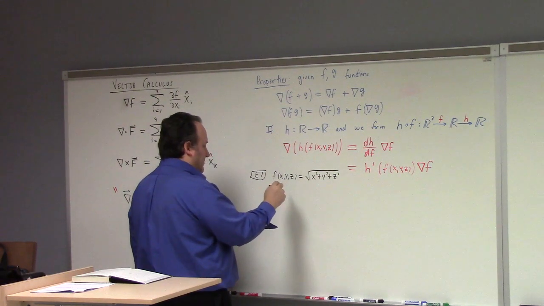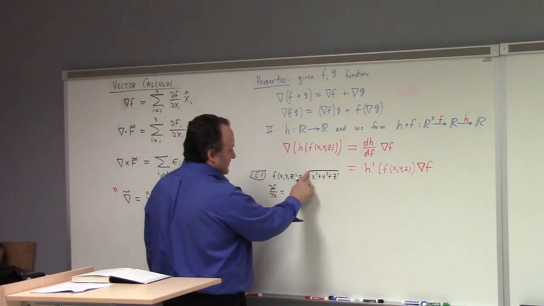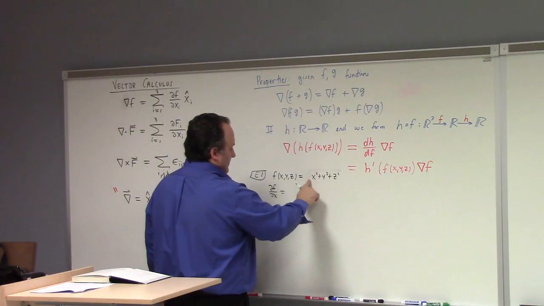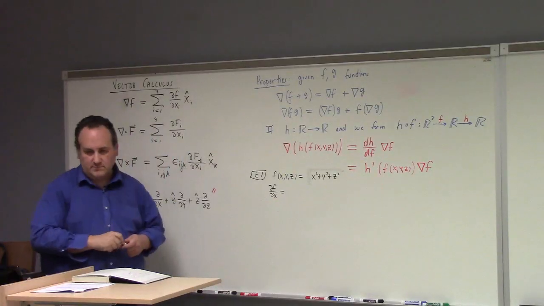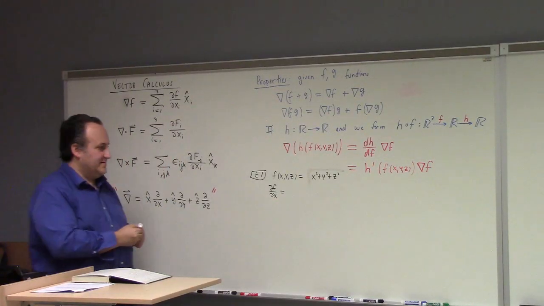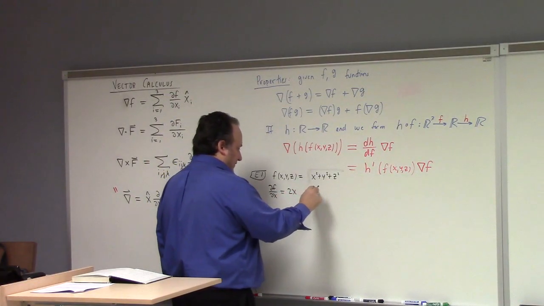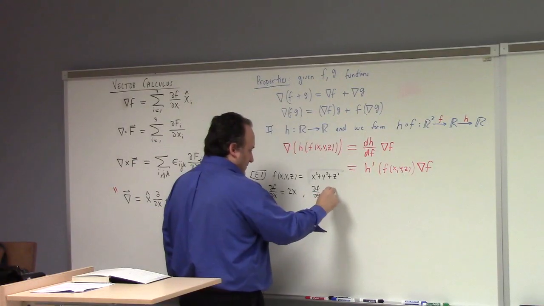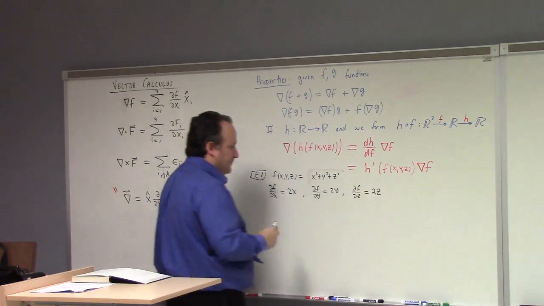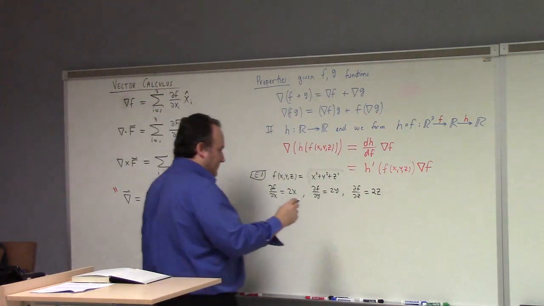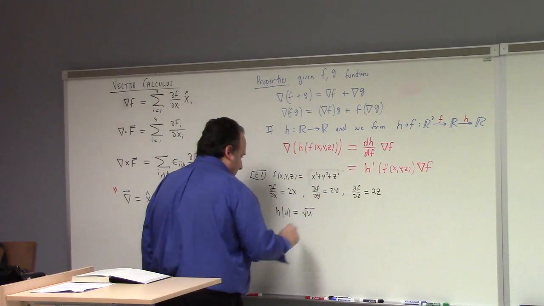Sorry, erase the square root. Now it's easy, right? Partial F partial X is 2x, partial F partial Y is 2y, partial F partial Z is 2z.